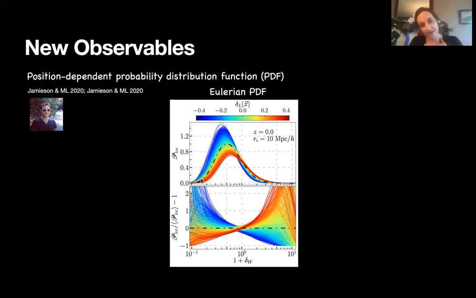The black dot-dashed curve is the probability distribution function for all the matter in the whole simulation. These different curves illustrate what the probability distribution function looks like in regions that are overdense in red and underdense in blue. And the value of the background density is shown here. So I take a big simulation or a big chunk of the universe and I divide it into little regions, and I measure the probability distribution function for mass fluctuations in a little region.